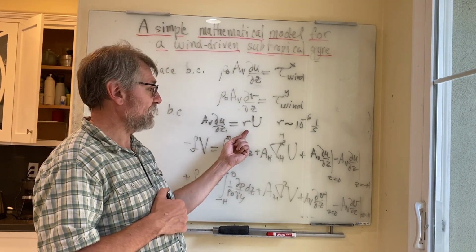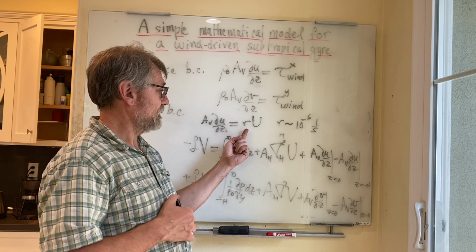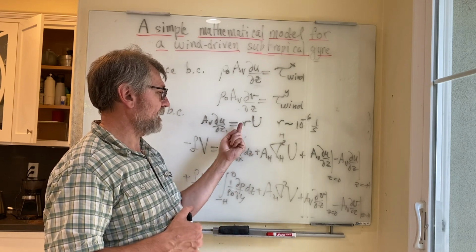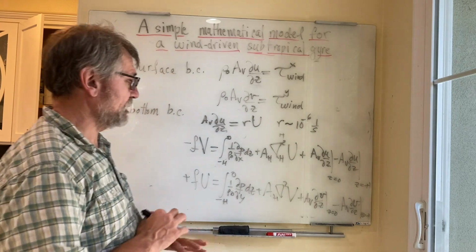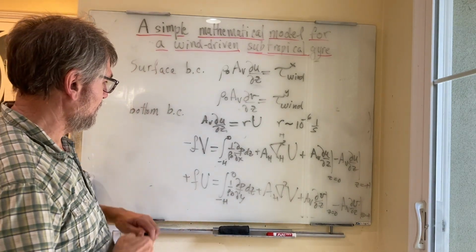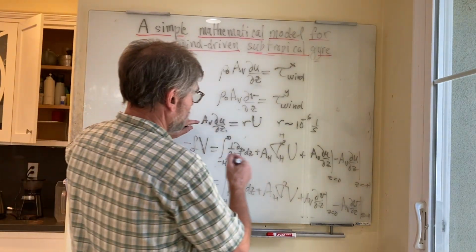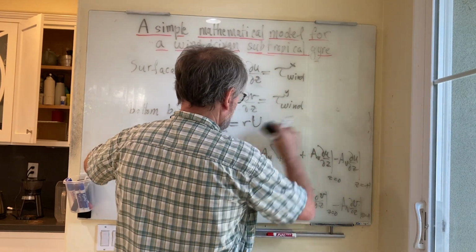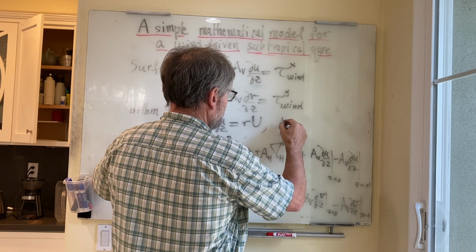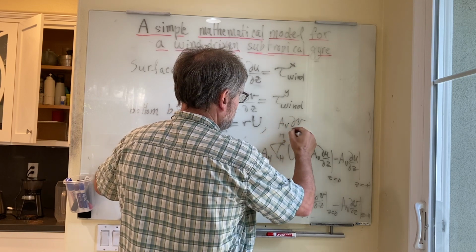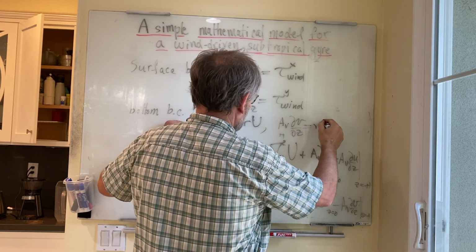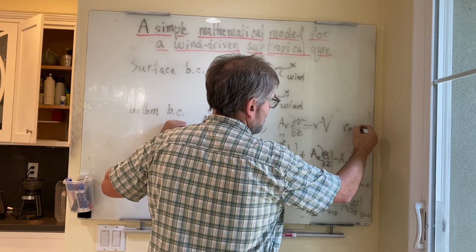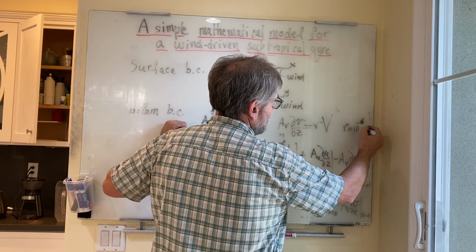But this is what's known as a Rayleigh drag, and it just says that the faster you go, the more frictional force there is, and we just take it proportional. So it's the simplest possible model we can use. And we'll do the same thing for the y component. Let me erase this and write the other one. Av dV dz is equal to rV, where r is 10 to the minus 6 per second.